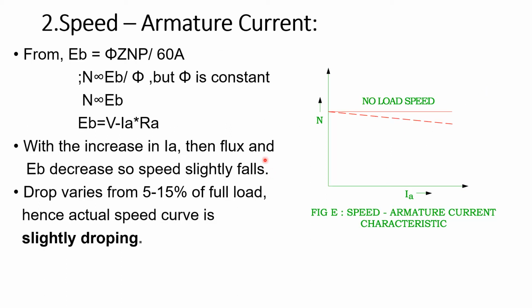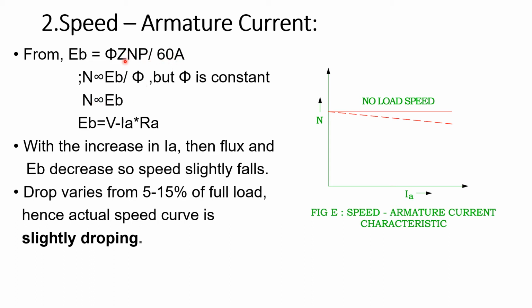Now we are going to discuss the second important characteristics for DC shunt motors, that is the relationship between the speed and armature current characteristics. We know that the back EMF equation for DC motor will be Eb = φ Z N P / (60 A), and here Z, P, A are the constant terms.